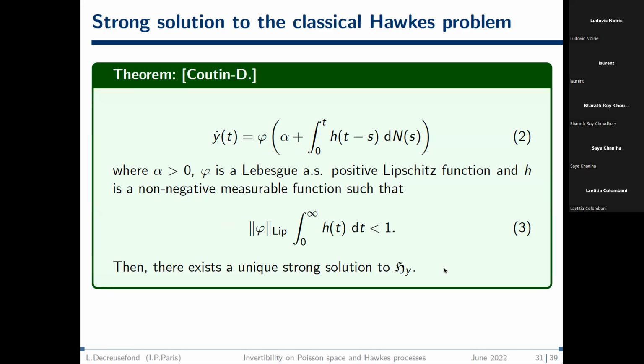So you can retrieve the result of Hawkes and of Massoulié and Brémaud, but now you have a strong solution to the Hawkes problem.